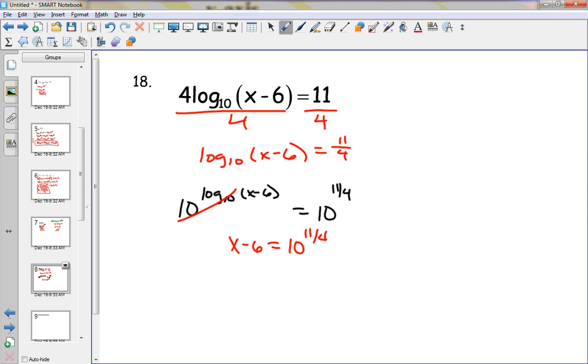The 10 is the base. Because that's how they cancel out. If your brain would rather write this as an exponential function from the get-go, it's the same concept. Whatever you do on one side, you do on the other, and it would still be equal. Exactly.